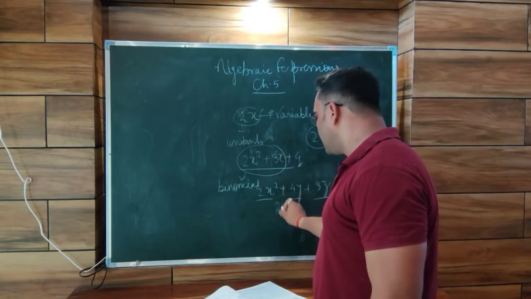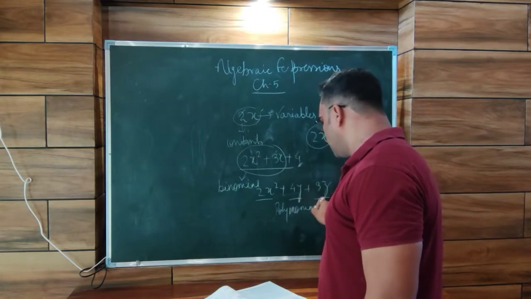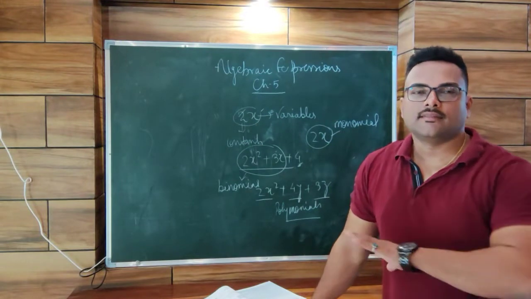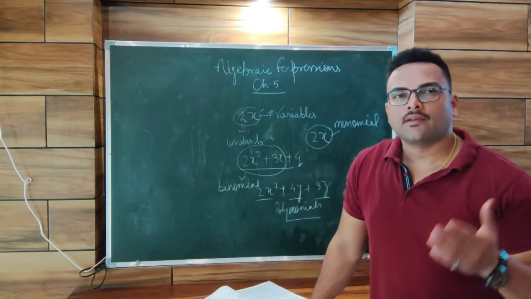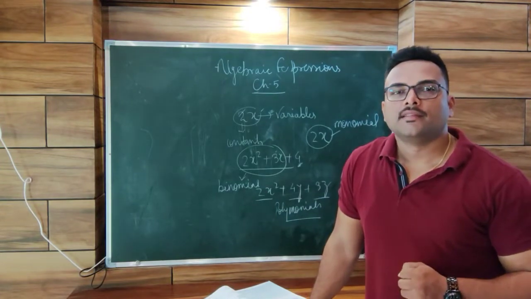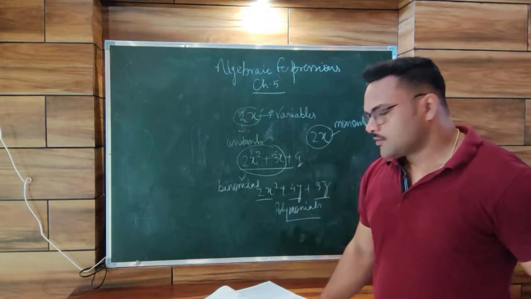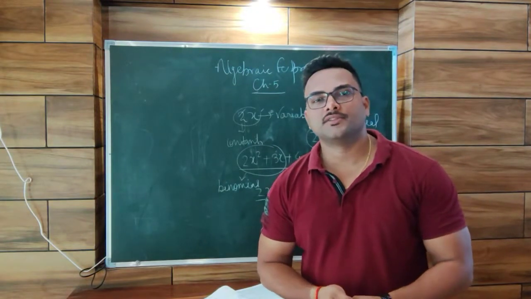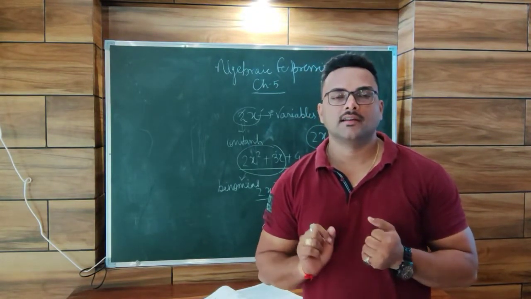Okay, polynomials. So this is the introduction part: what algebraic expressions are and what the terms, coefficients, constants and variables are. Hope you have understood. First of all, there are four mathematical operations which we want to know: addition, subtraction, multiplication and division.